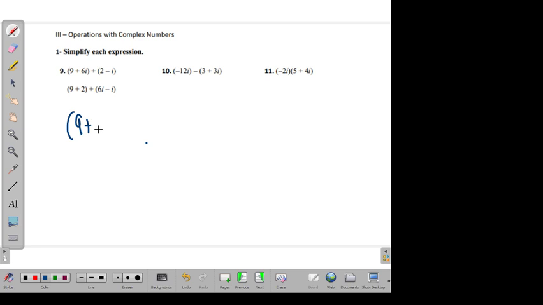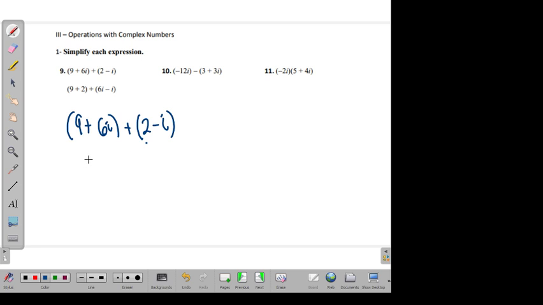9 plus 6i plus 2 minus i. This is an easy one because the only thing you have to do is add similar terms.